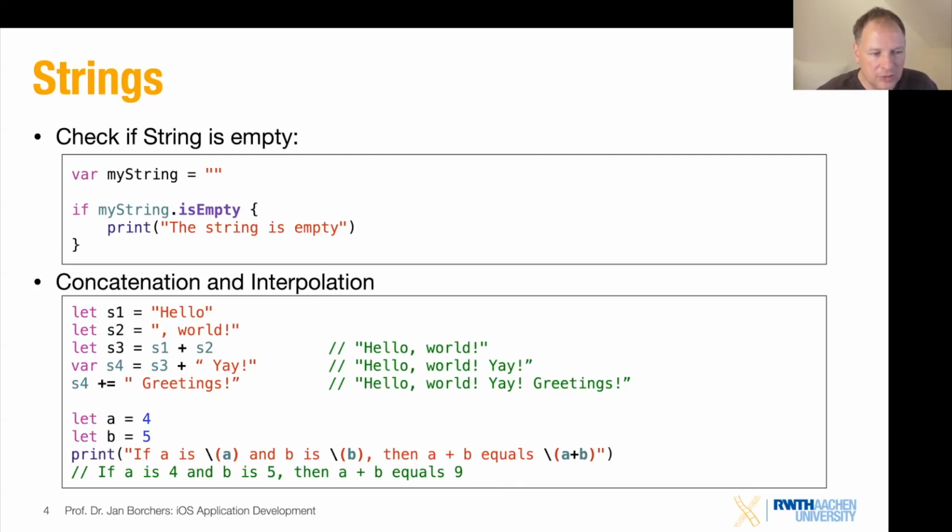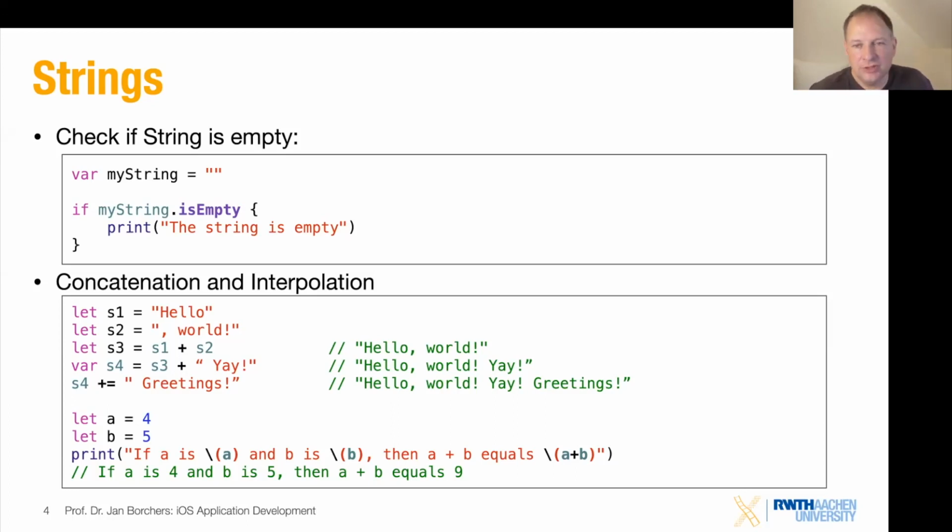And note that we defined S4 as a var instead of a let constant, because next line changes it. And so here you can also see the plus equals shorthand that you know from other languages like C and Java still works here as well. Basically just expands into S4 equals S4 plus greetings.